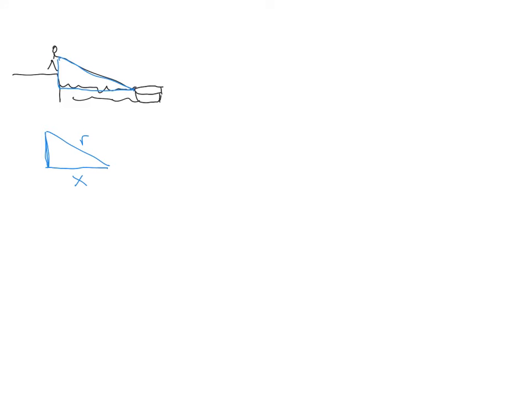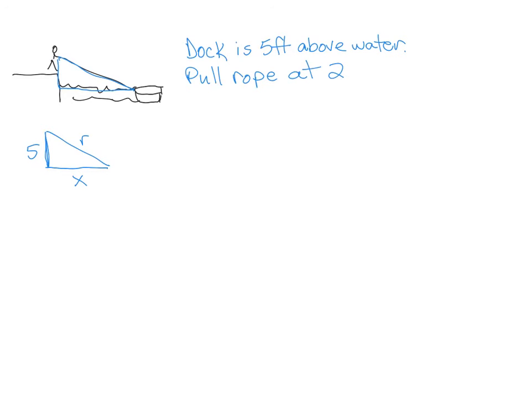So let's say the height of the rope where you're pulling it is 5 feet above the water level. And you're pulling the rope, so this is 5. Pull rope at, let's say, 2 feet per second.